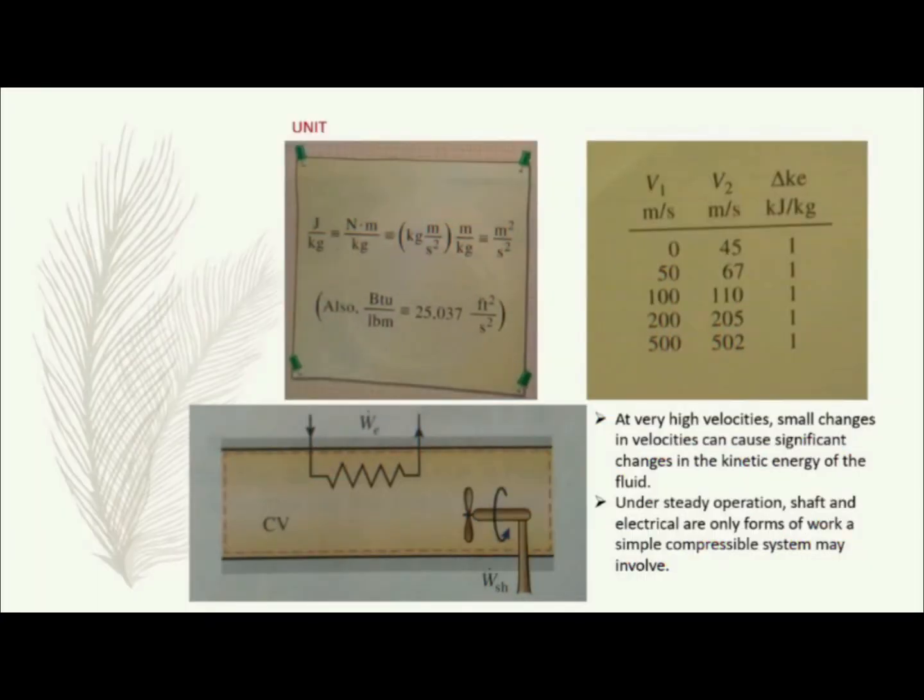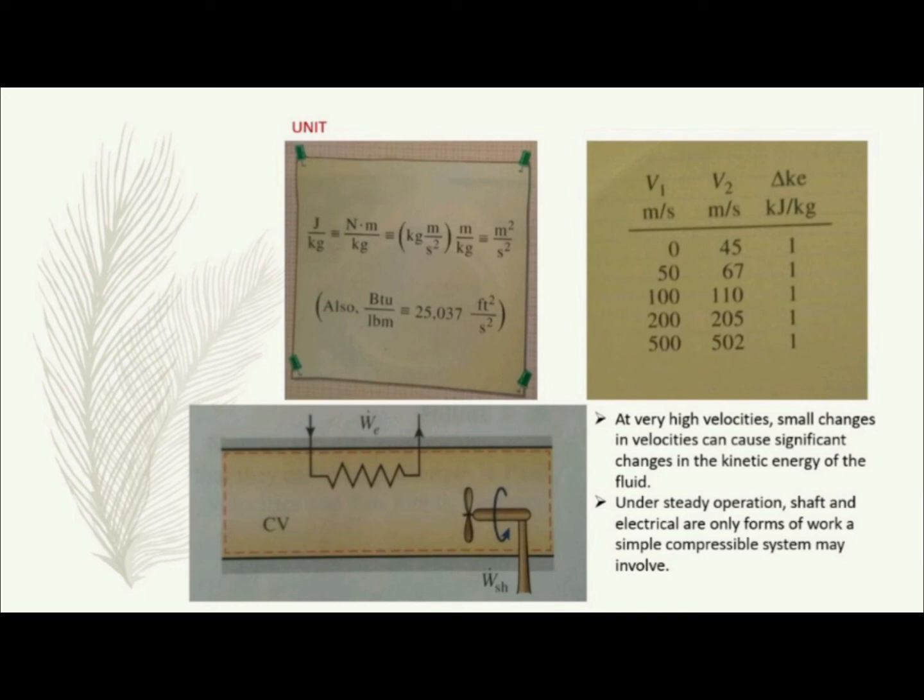In thermodynamics, units are very important. At very high velocities, a small change in velocity can cause a significant change in the kinetic energy of the fluid. Under steady operation, shaft and electrical work are the only forms of work a simple compressible system may involve.